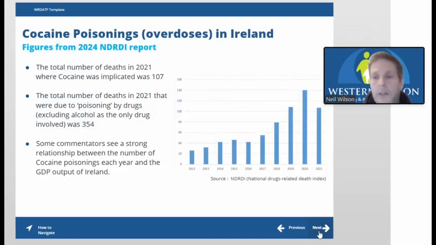In the worst cases, this may lead to what we might call an overdose or a poisoning situation. The last year that we actually have figures for in Ireland, for 2021, cocaine appears to be implicated in 107 deaths. In many cases, this is also connected to the use of alcohol as well.